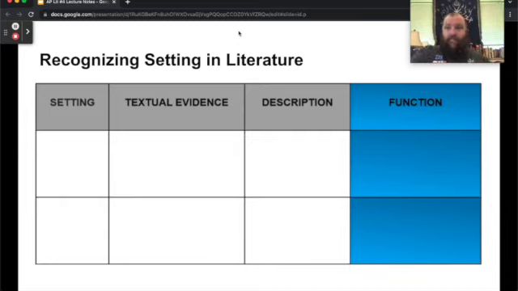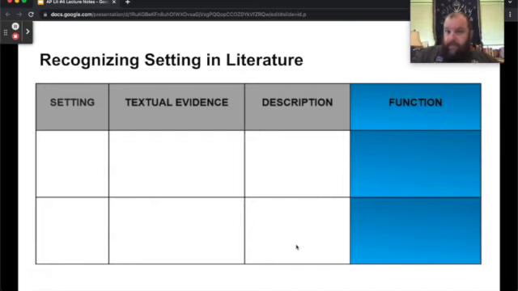I think it's simple, but it's useful. When we're looking at setting in literature, we're obviously pointing out something about the setting itself: where is the action taking place, when in time is this? And then some textual evidence for that. How do you know that to be true?